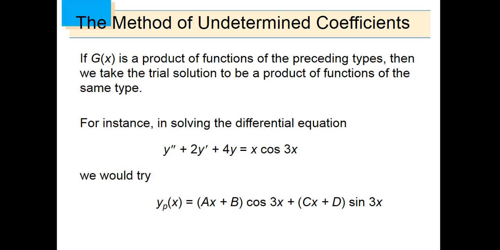You don't write ax plus b as well because we know that the arbitrary constant here for the sine of 3x is different than the arbitrary constant of the cosine of 3x. Though in form they are the same class, the coefficients of course should not be the same. So this is how you should write in terms of combinations or products of two functions.